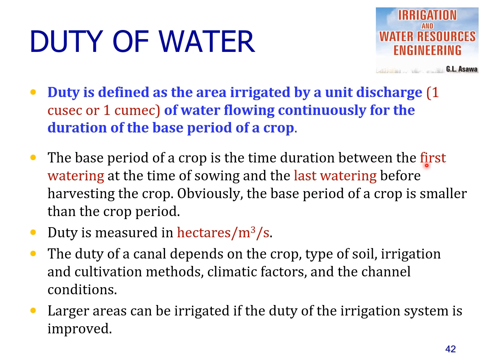For example, from the first watering to the last watering, if the duration is say 100 days, then for 100 days, if the water keeps flowing, what area can 1 cubic meter per second irrigate? It is measured in hectares per cubic meter per second, or it can be acres per cusec. This is the duty of the water.